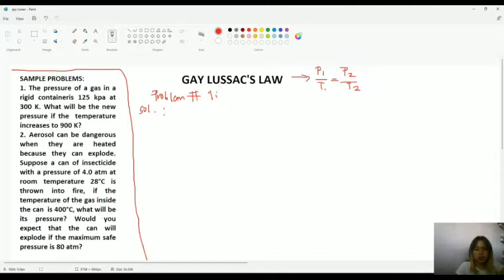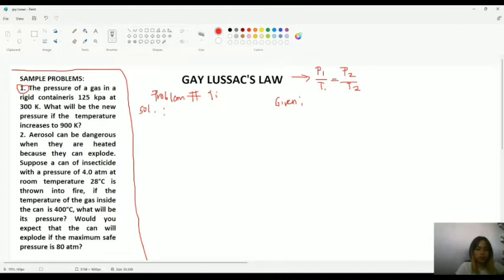Solution, and dito, ilagay ko yung given. So, identify natin yung mga given. In problem number 1, the pressure of a gas in a rigid container is, so hiwalay yan, 125 kilopascal at 300 Kelvin.